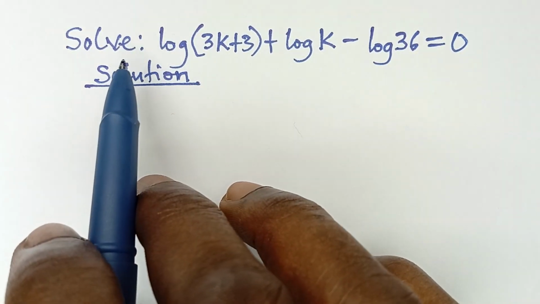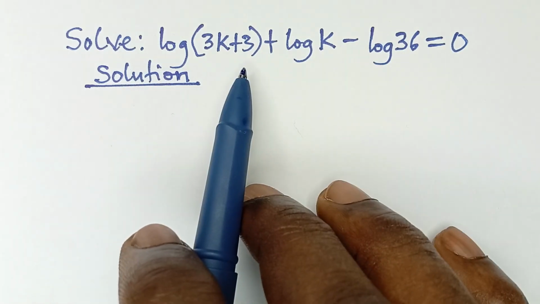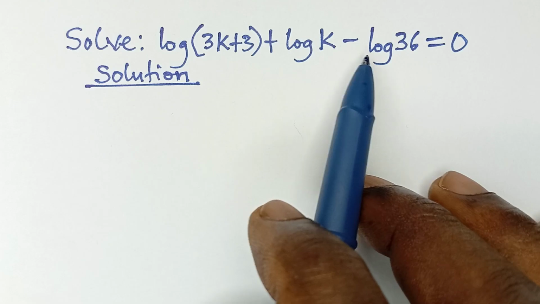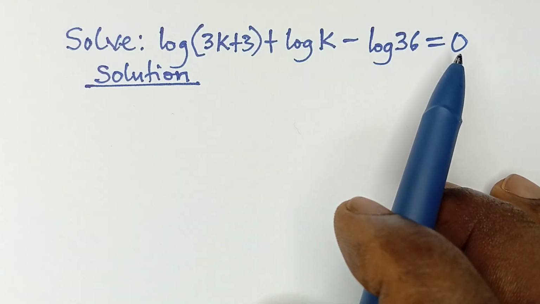The question here says solve log(3k + 3) + log k - log 36 = 0.